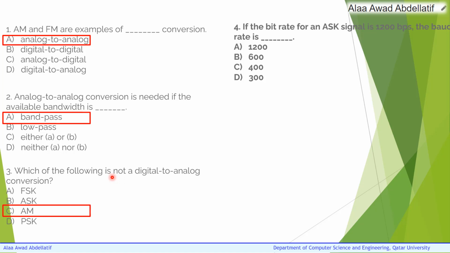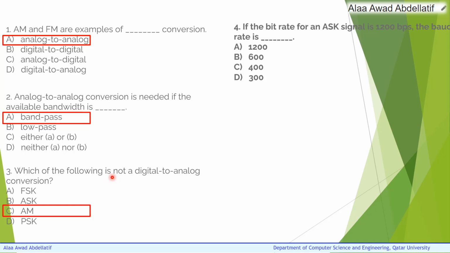If the bit rate for ASK is 1200 bits per second, what's the baud rate? What is the relation between the baud rate and the bit rate? The relation between them is the R. There may be a constant here, C or something, according to the formula, but the main component is the R. For ASK, what is R?